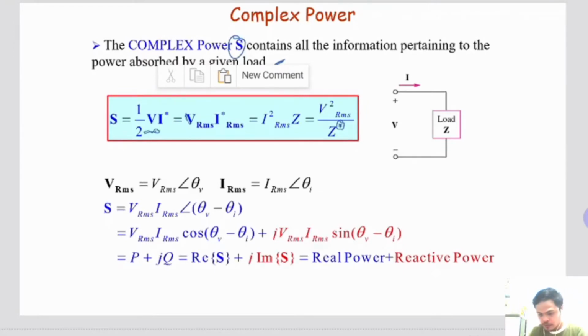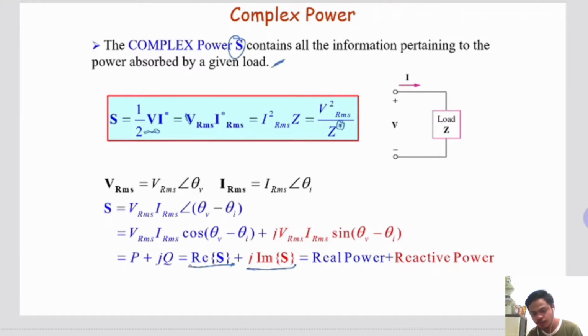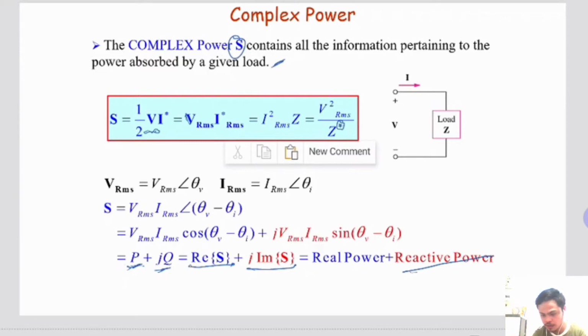So therefore, complex power consists of the real part and the imaginary part of S. The real part of S is your real power denoted by P, and we also have reactive power denoted by Q. So the real power is determined using the cosine.